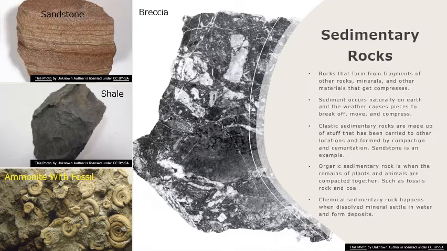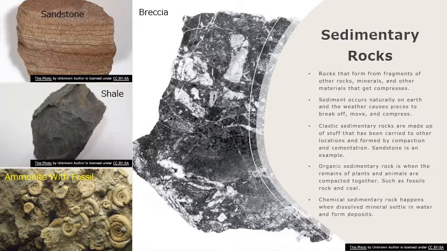So we have also organic sedimentary rock. That's the remains of plants and animals when they compact together and they become fossil rocks like this we see in the bottom corner here. Or coal. Coal is actually made from the remains of plants and animals. The third kind of sedimentary rock that you'll see is chemical sedimentary rock.